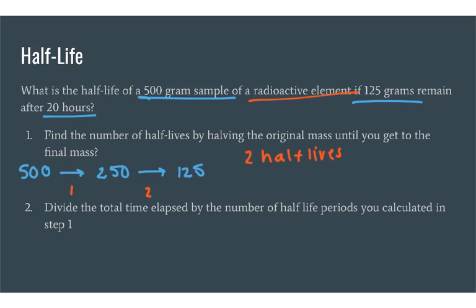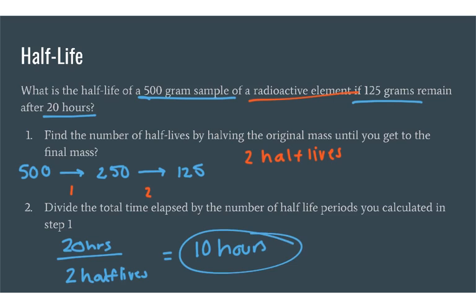So we had 20 hours as the time elapsed by the number of half-life periods, right? So we had 2 half-lives. So this is going to tell us that we have a half-life of 10 hours. Okay? So find the number of half-lives and then divide the total time elapsed by the number of half-lives, and you get what your half-life is.